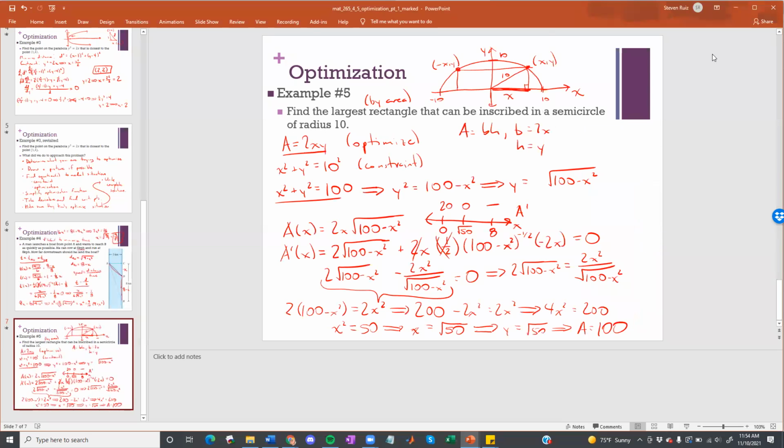All right, that is all I have for you with section 4.5. Let's move on to 4.7 briefly. Not going to finish by any means, but we can go on to it.